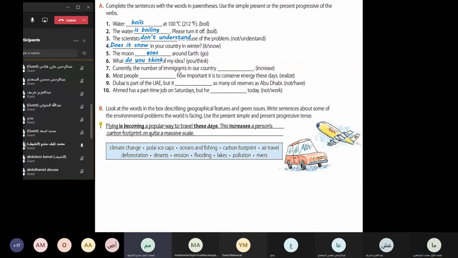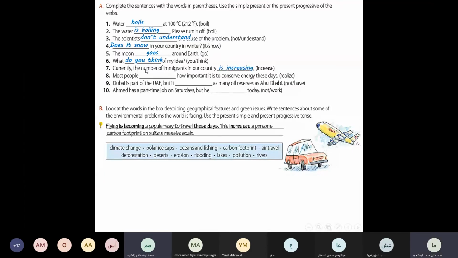Currently, the number of migrants in our country is increasing. Good, thank you. So here we have currently. Now means this period of time. The number of immigrants in our country is increasing. حاليا, you know, the number of immigrants in our country is increasing.